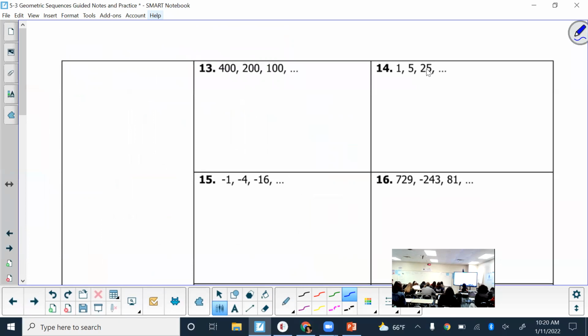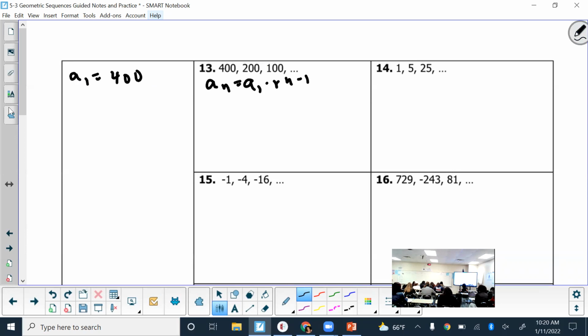So number 13, here's that rule again, which you will be provided on your tests. We just need to identify two things to be able to use it. I need to identify a sub 1, which will be what? 400, the first term in the sequence.